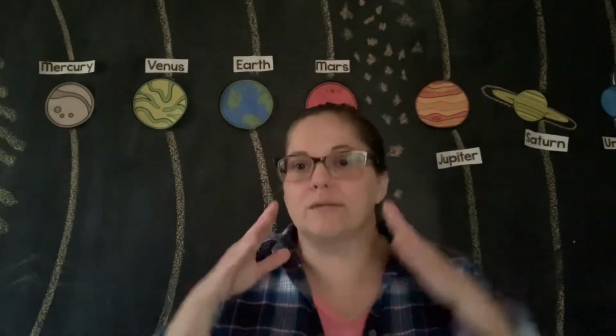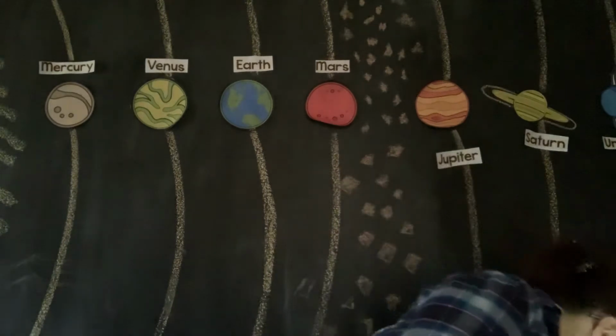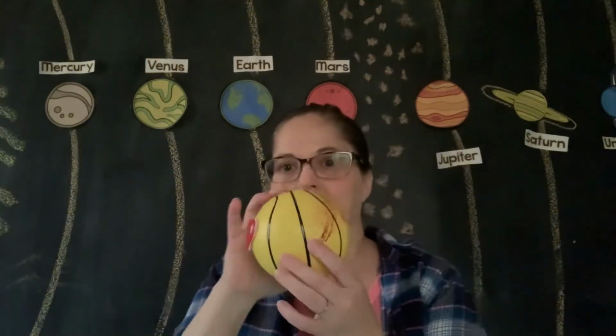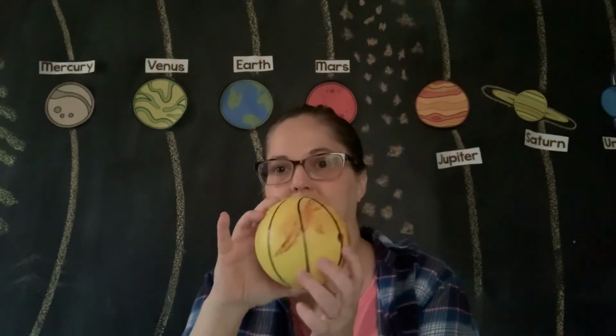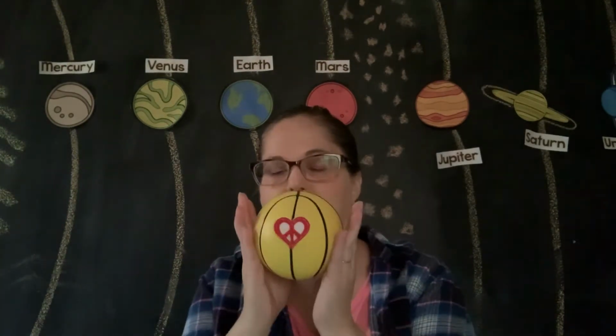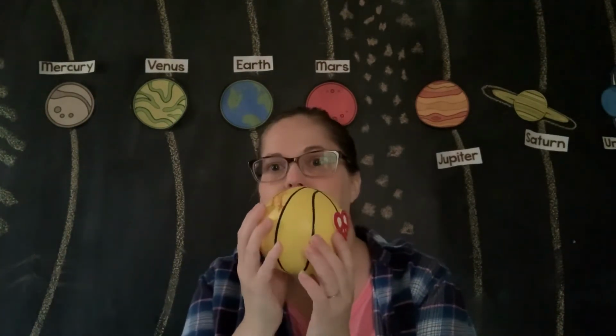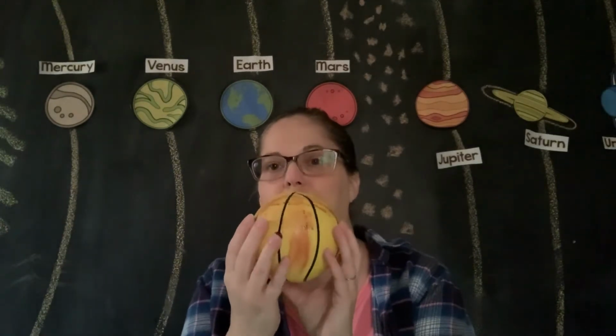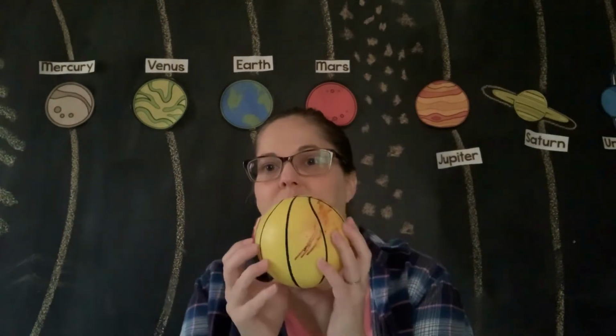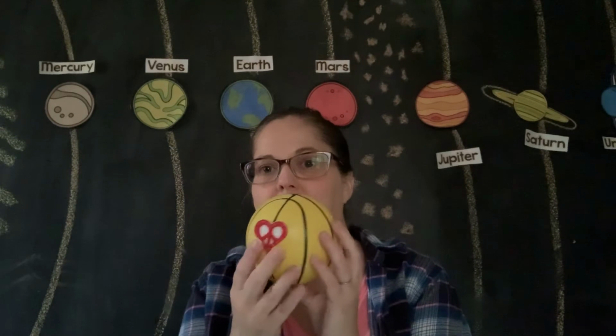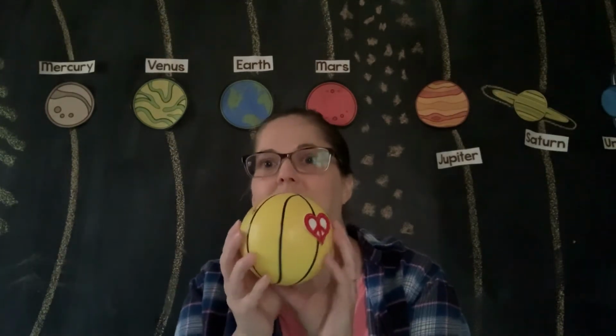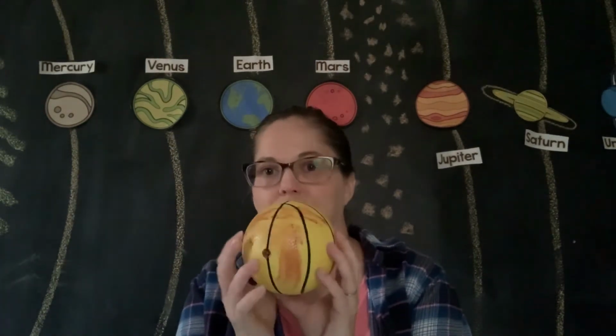So a rotation is the spinning on its axis, creating day and night. Sometimes we're looking at the sun and then we're in total darkness. And then it starts to be morning and it's lunchtime and then it's evening and then it's total darkness. That's happening in 24 hours.